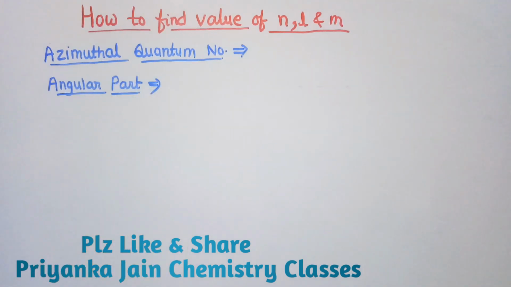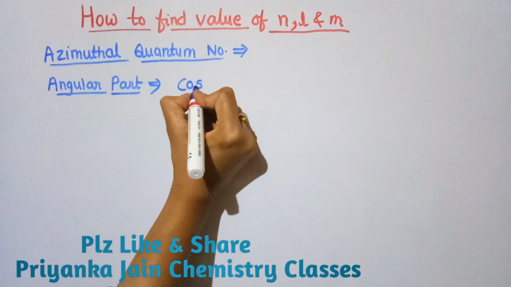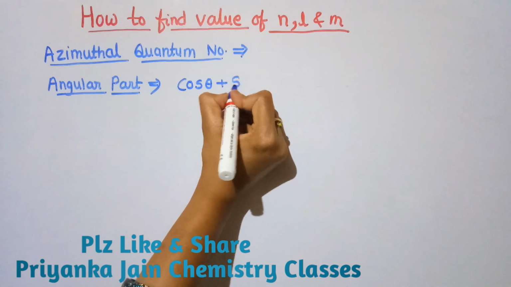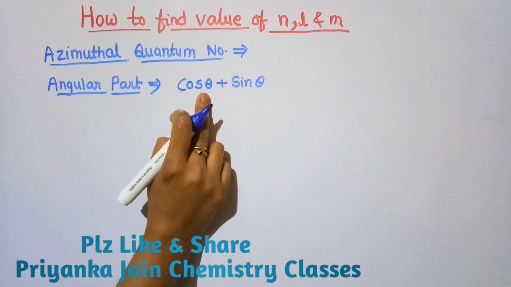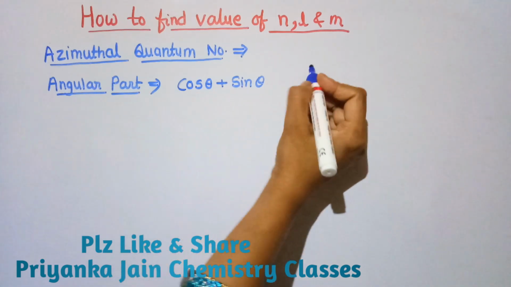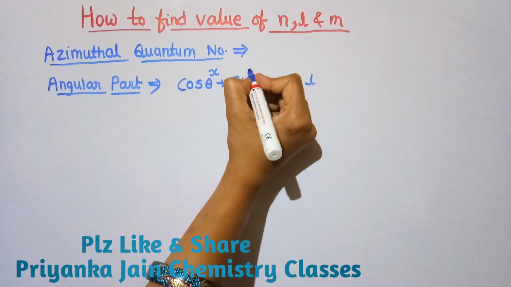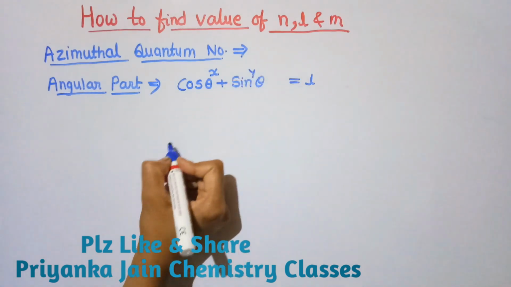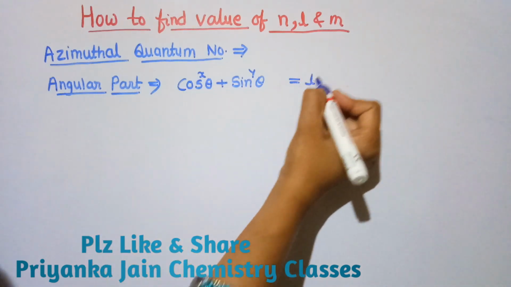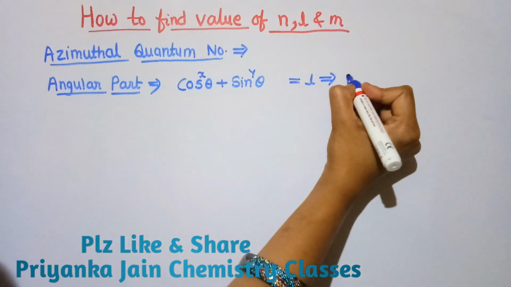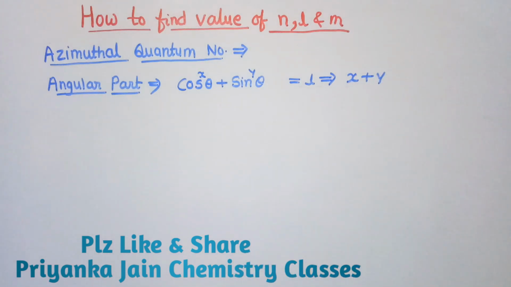For this we have to see the power of cos theta and sin theta. We have to sum up the powers of these two, and that will be equal to the value of L. Suppose this power is x and this power is y. Then what will be the value of L? L will be equal to x plus y, right?